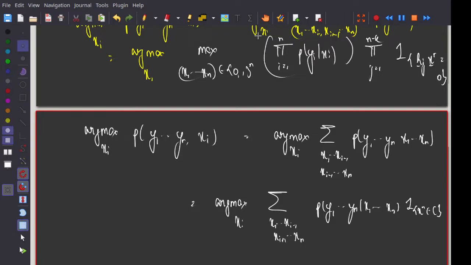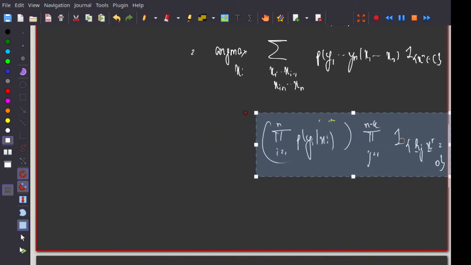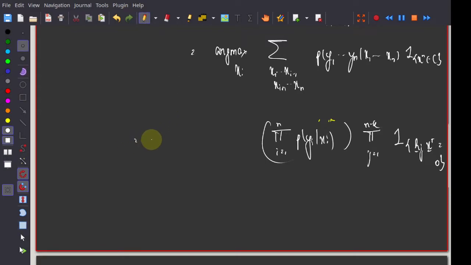Which is the same as this quantity: argmax over all possible xi, summation over x1 up to xi minus 1, xi plus 1 up to xn. Okay. Now, what is this problem? This is just a marginalization of a product function. And that too, this is over the sum product semiring.